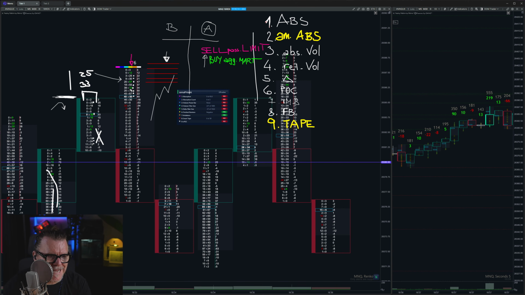But at the bottom of the swing, these high numbers do not represent the biggest fish, banks, funds, institutions stepping in through aggressive market buys. Why would they do that?